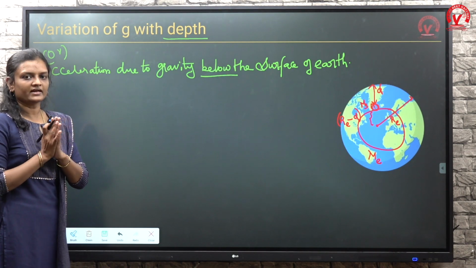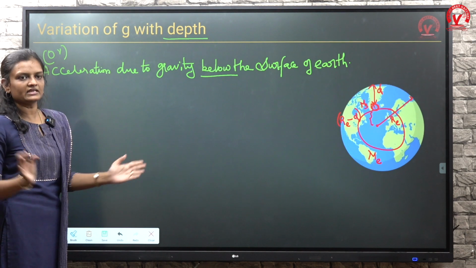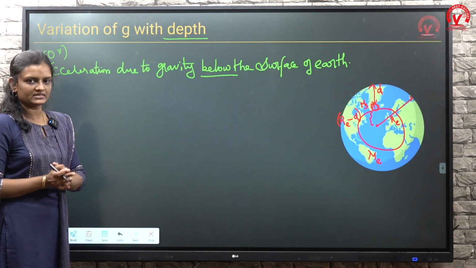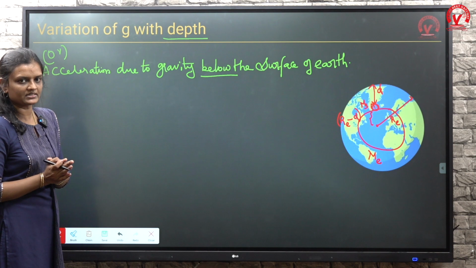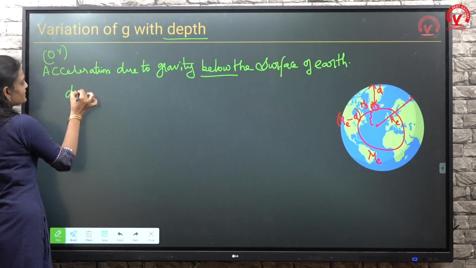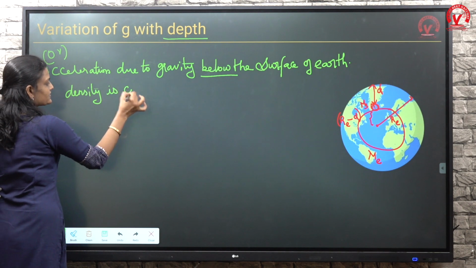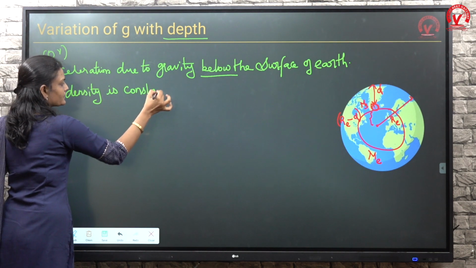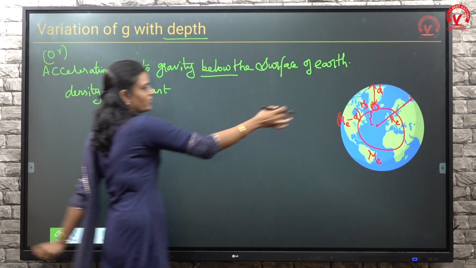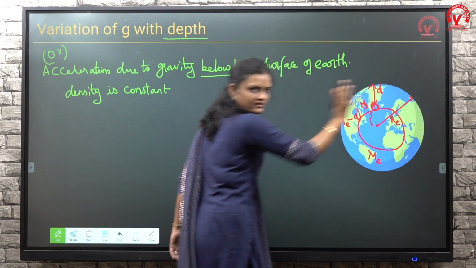Now imagine that the earth has constant density. Density is constant for the whole earth.